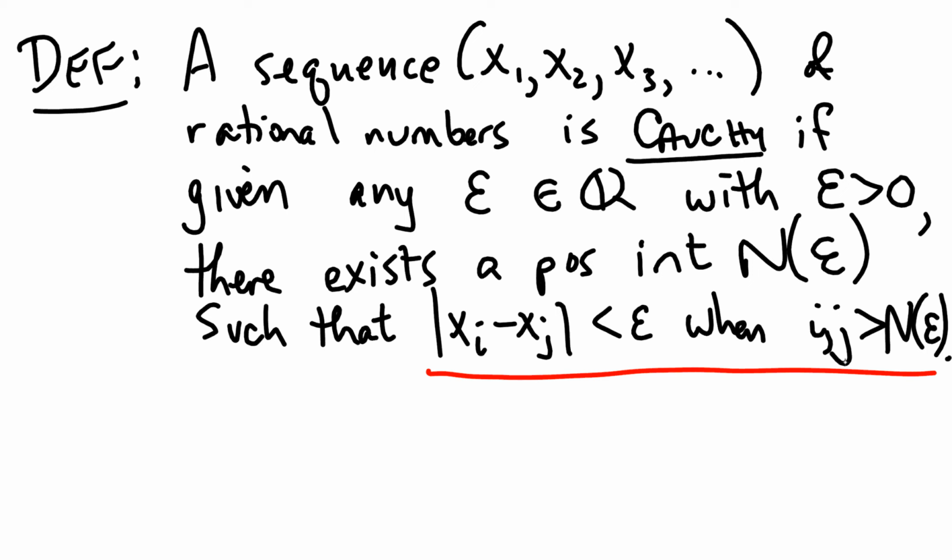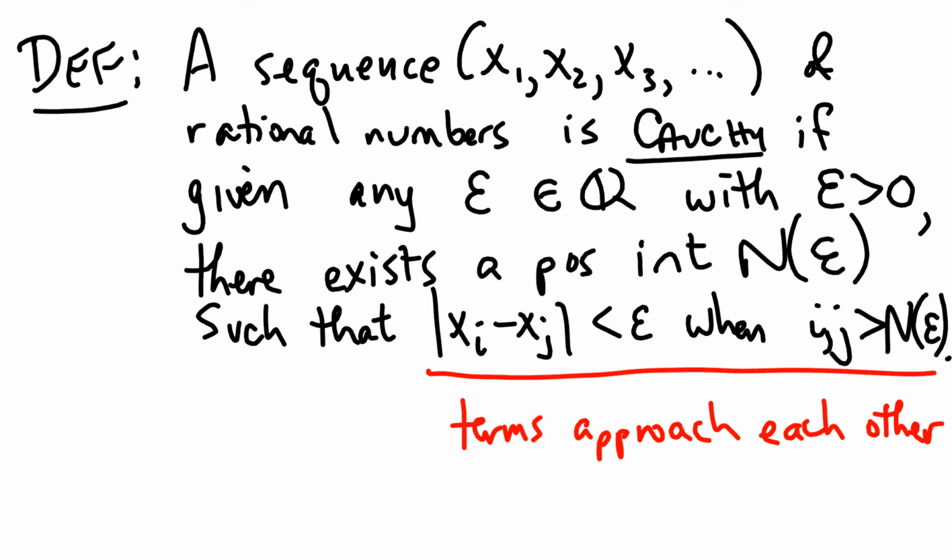What does this mean? This means that the terms approach each other. This means that the further out I go, the smaller the differences are between successive terms. And if I want to make the differences between the terms 0.00000001, there is an n that allows me to do that. And after I reach that n, after I get so far in the sequence, all of the terms are no further apart than this number.